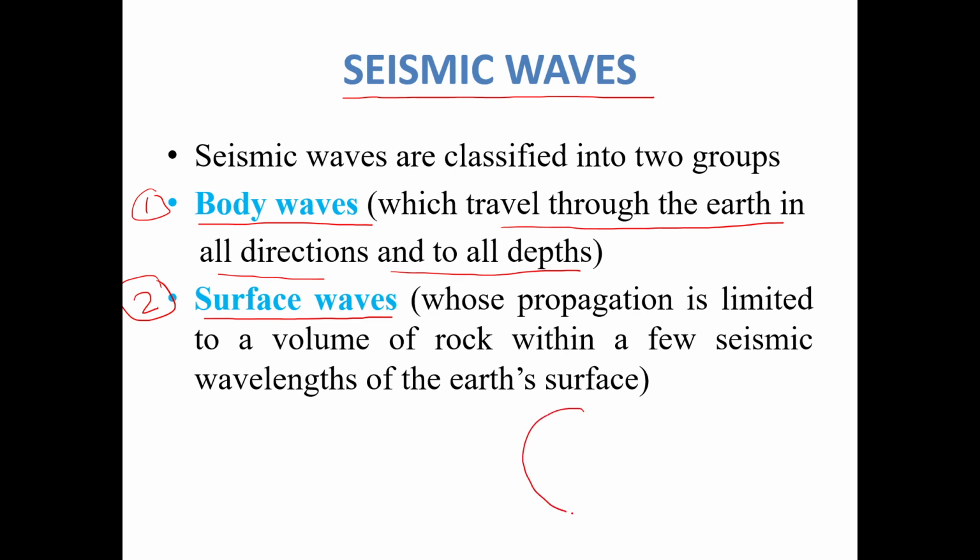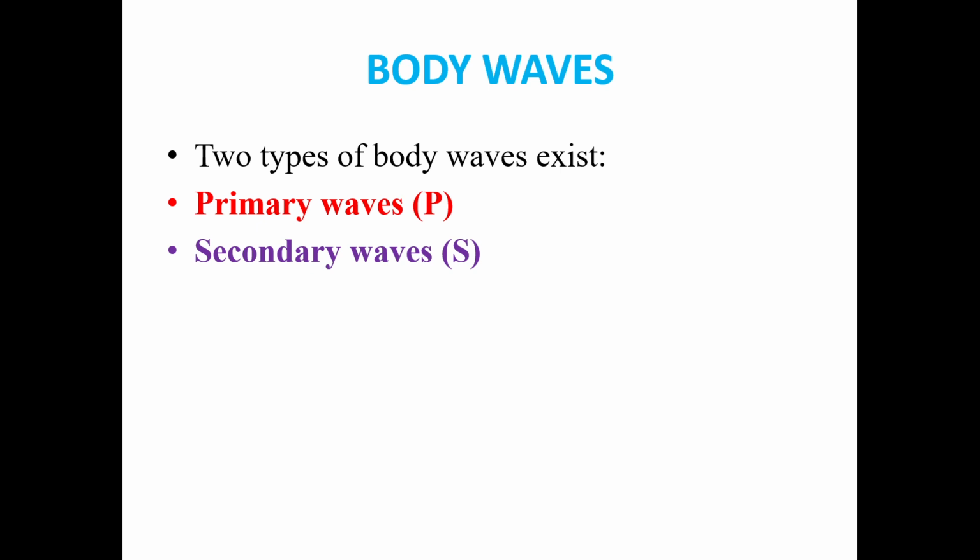That means, suppose this is our earth, they travel deep within the earth. That's why we call them body waves, because they travel inside the body of the earth, and those that travel on the surface are called surface waves. So the basic classification is body waves and surface waves.